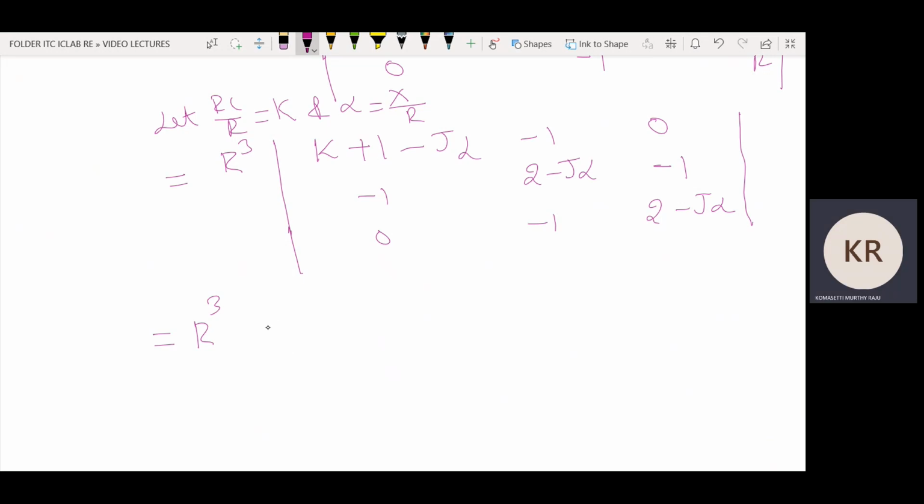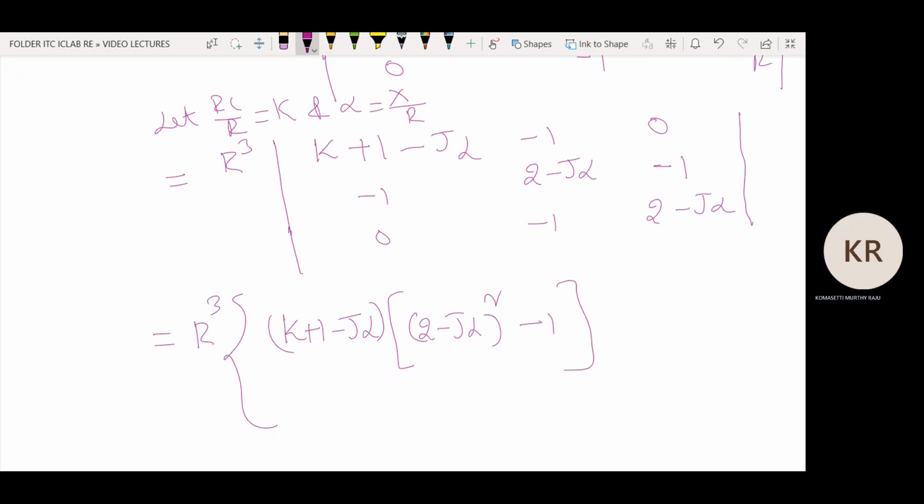Find out the delta value. Here K plus 1 minus j alpha into this value: 2 minus j alpha whole square minus 1. Then plus 1 means here 2 minus j alpha.